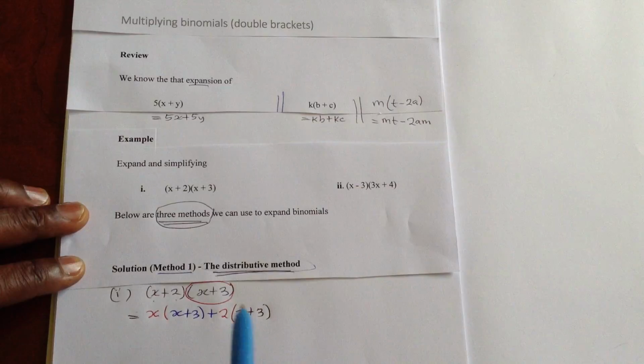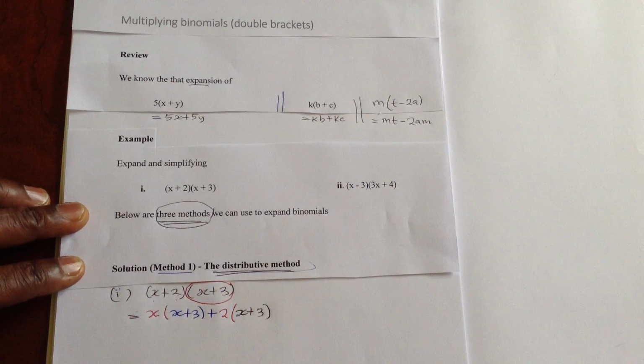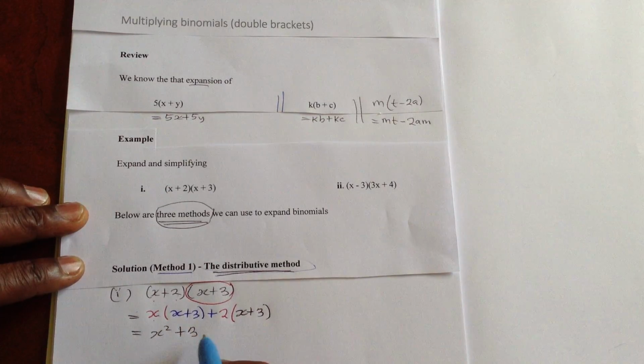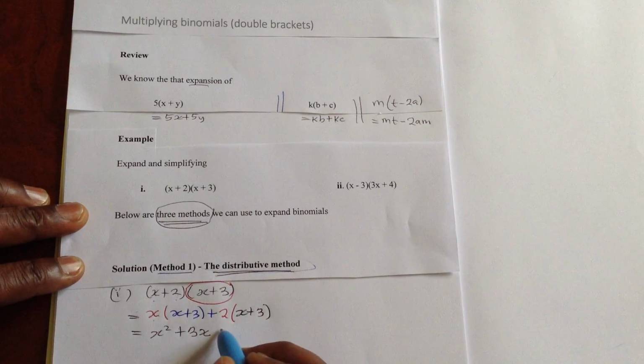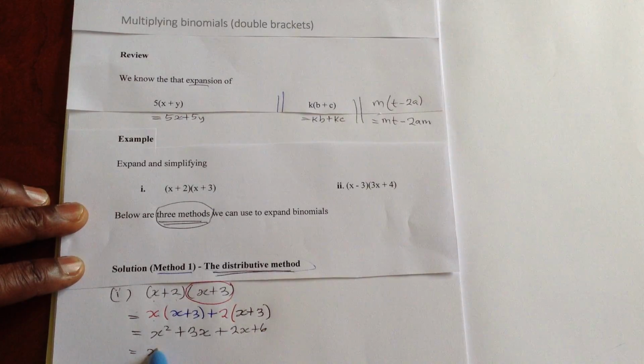So I've done the distribution. I've distributed this bracket to the 2 terms in the first bracket. I will then expand this to give me x squared add 3x, and then I expand this to give me 2x add 6. This then simplifies to be x squared add 5x add 6.